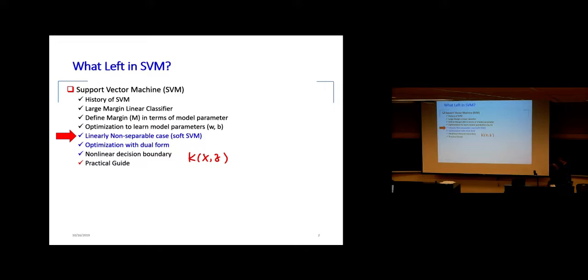So today I'm going to focus mainly on the linearly non-separable case, which you can call a soft SVM. What we covered before you can name a hard SVM, because we assume the data can be completely separated, nicely separated into two classes without making any error.